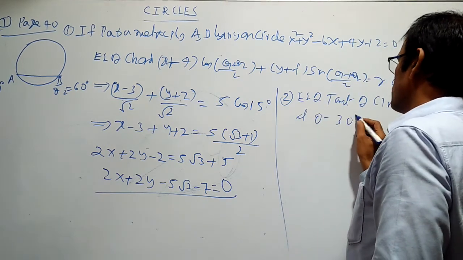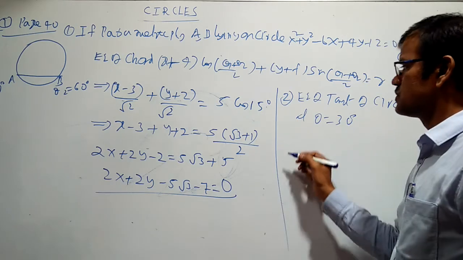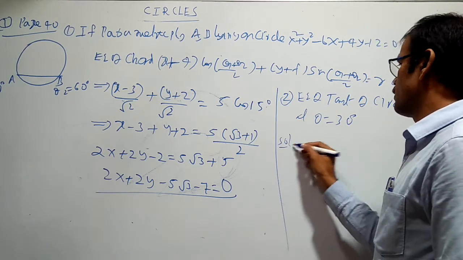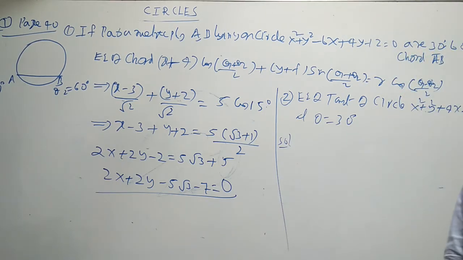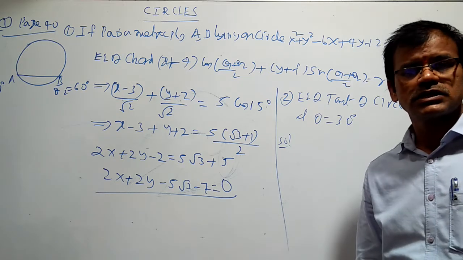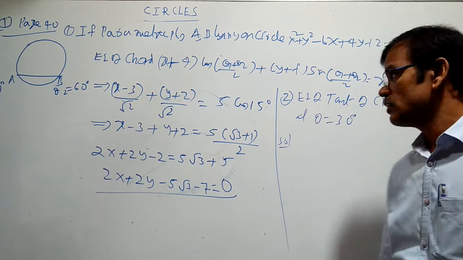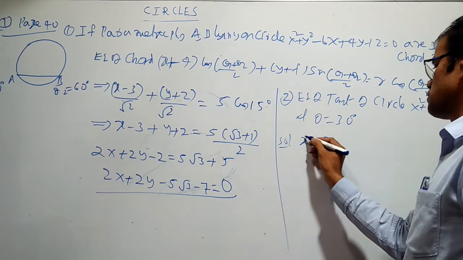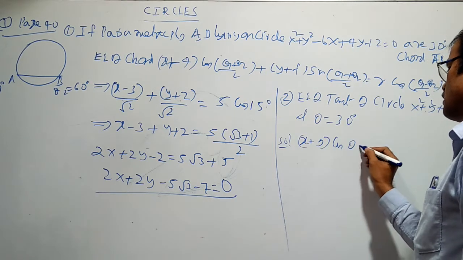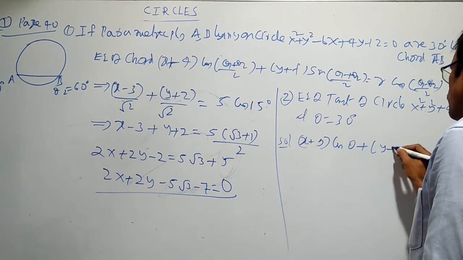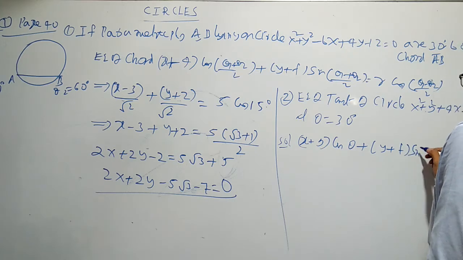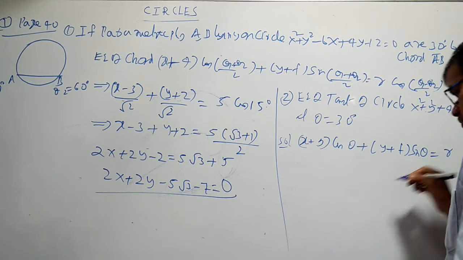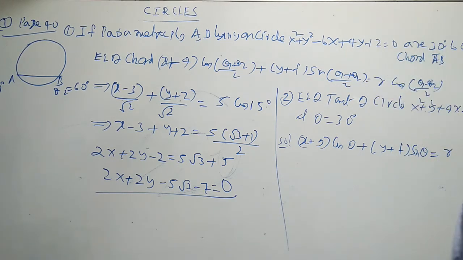Simply you write it as at theta is equal to 30 degrees. I said the proof also: the equation of the tangent of the circle is x plus g into cos theta plus y plus f into sin theta is equal to r.